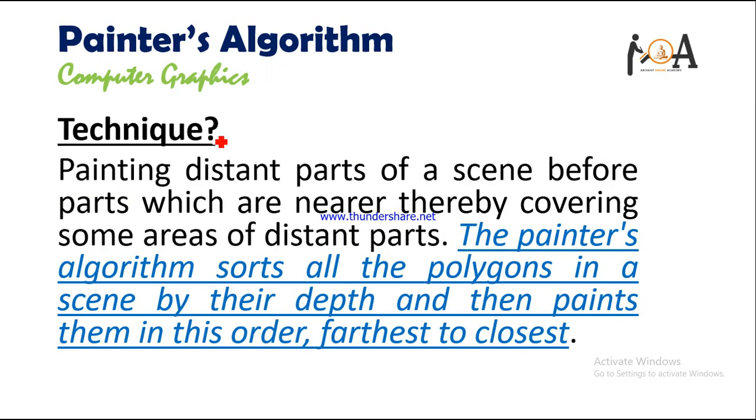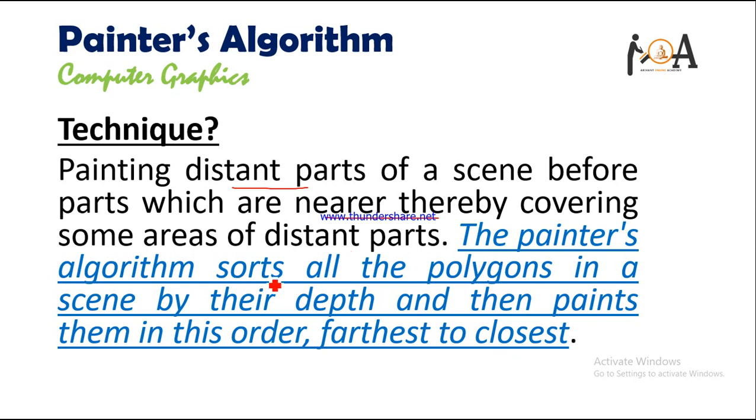Now what is the technique behind that? We paint distant parts before parts which are nearer, which are the farthest, means the parts that are far away we will paint first, then the nearby parts, thereby covering some areas of different parts.